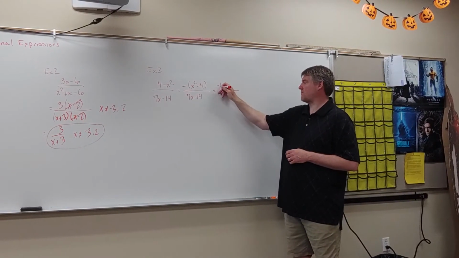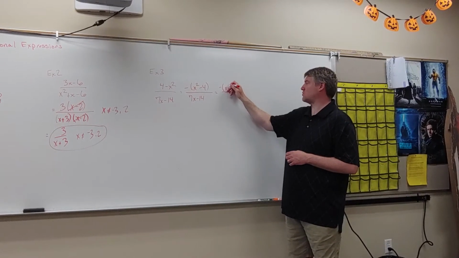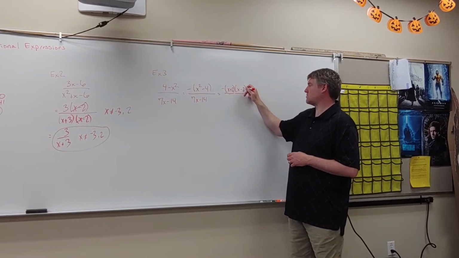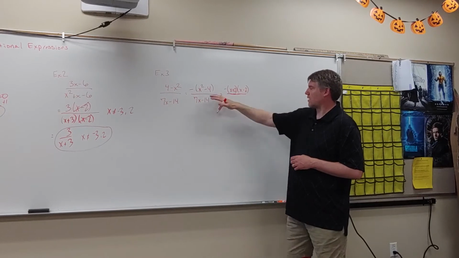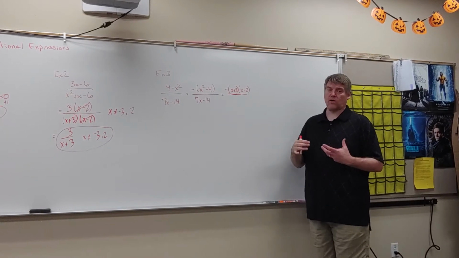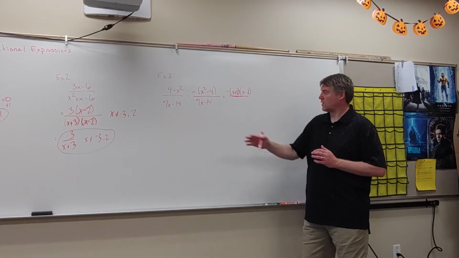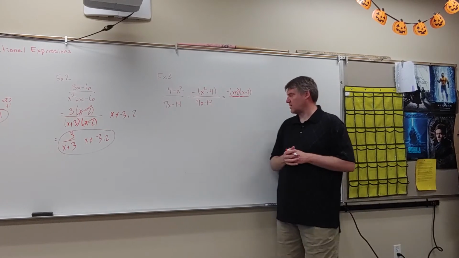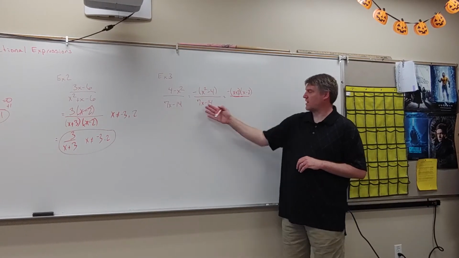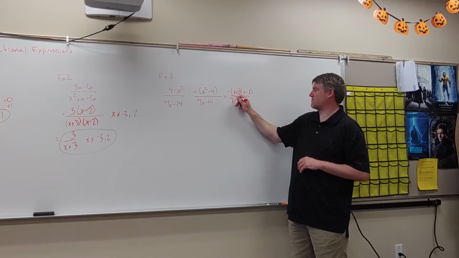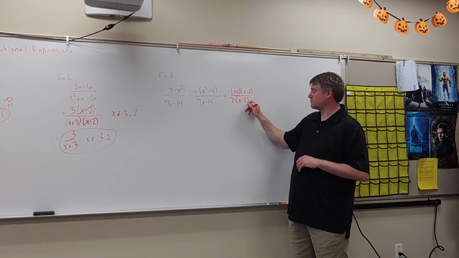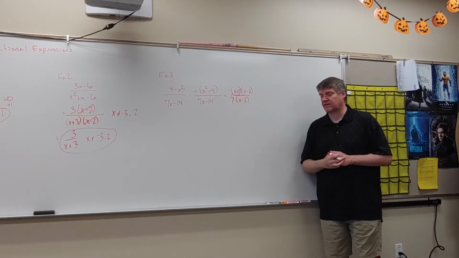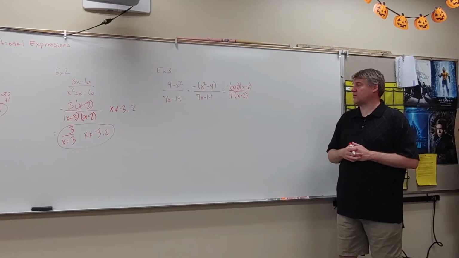The top factors into x plus 2, x minus 2. So I'm looking at the factors of 4 that subtract to give me 0. Here, I just find the greatest common factor. So 7x and 14, I'm going to factor out a 7. X minus 2.